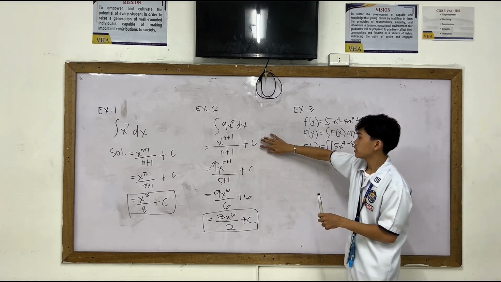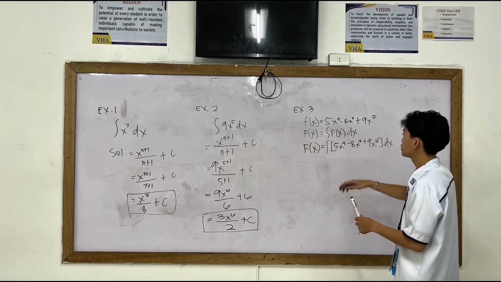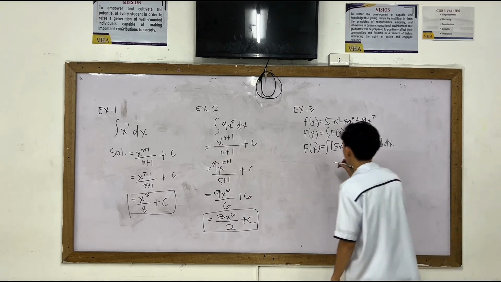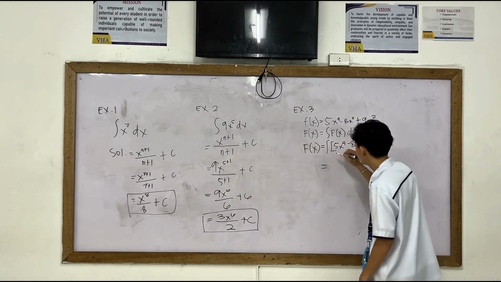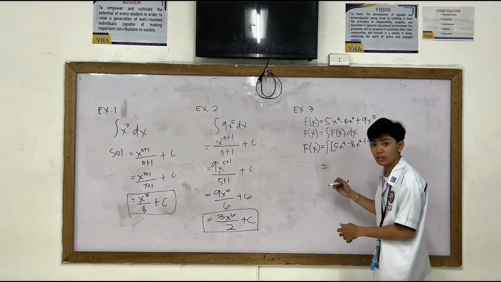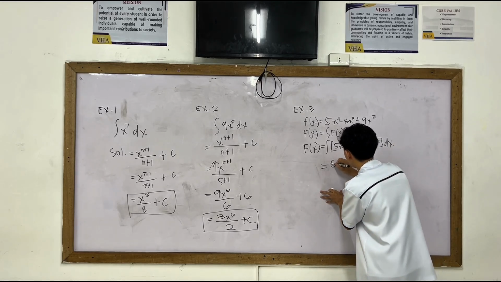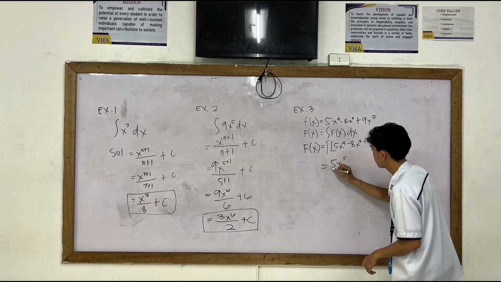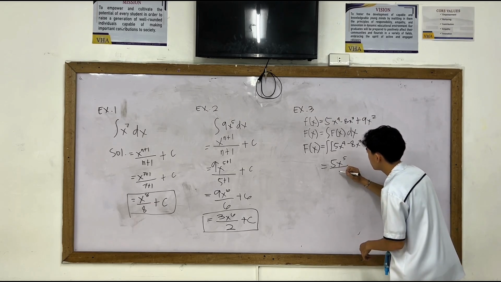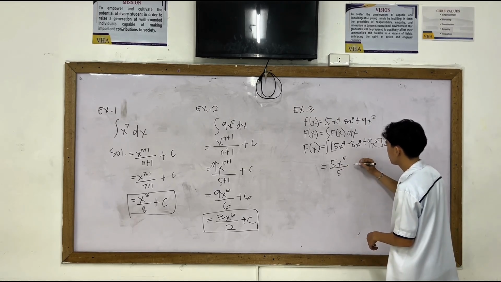So now, we use this formula to get its antiderivative. 4 plus 1 is equal to 5, and then 4 plus 1 is equal to 5 also.